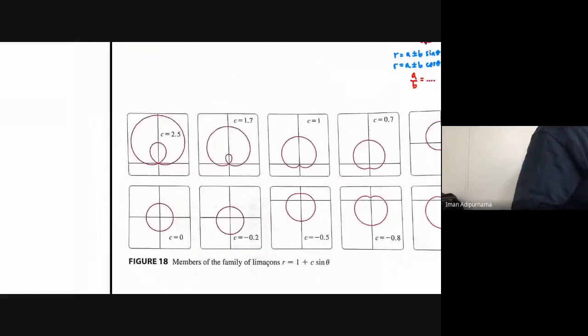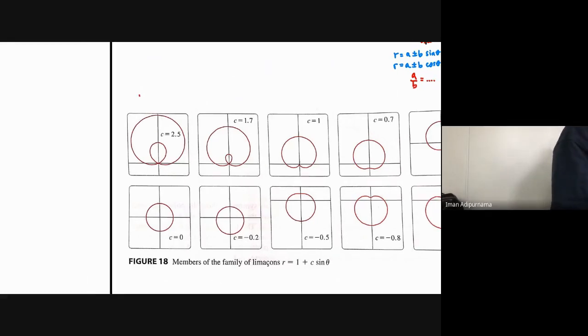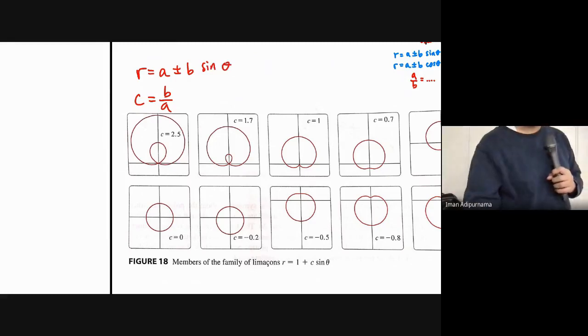You'll see here it's a little bit different. It's using C, because r is 1 plus C. So let me write here: C is B over A, if you want to make A plus or minus B sine theta.